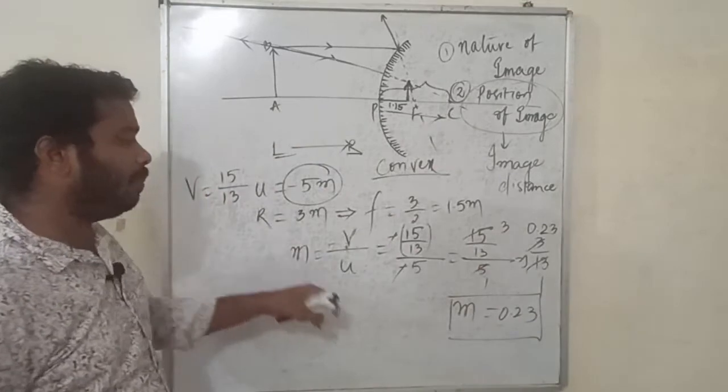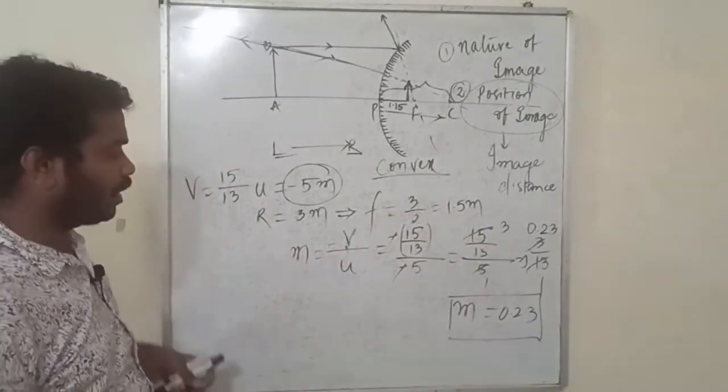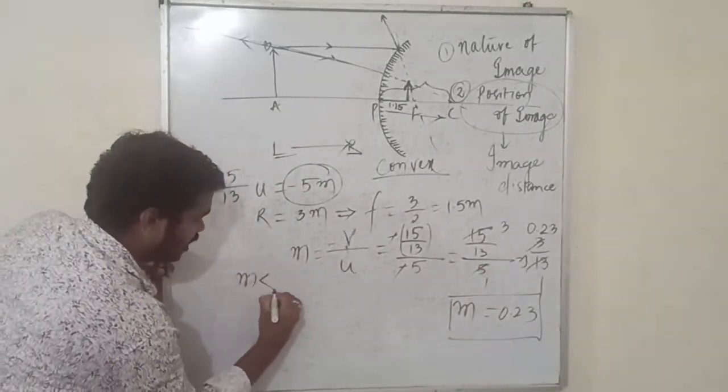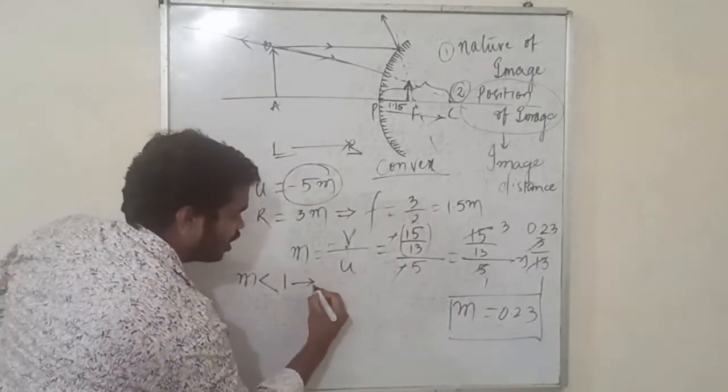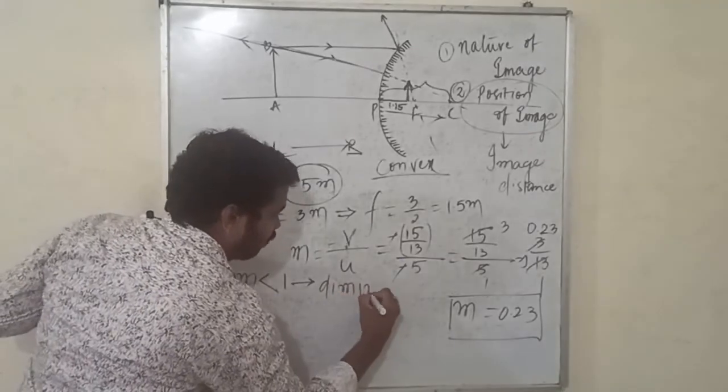You have obtained the magnification value as 0.23. Remember, if m is less than 1, see 0.23 is less than 1, then the image is diminished. First portion was completed.